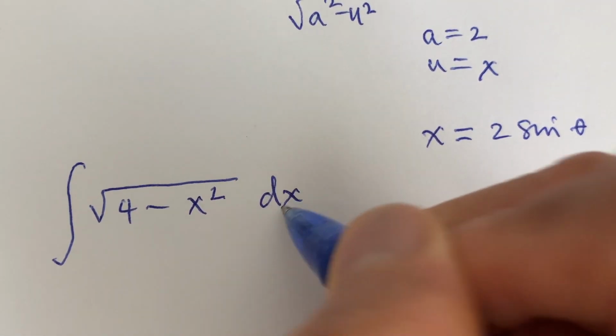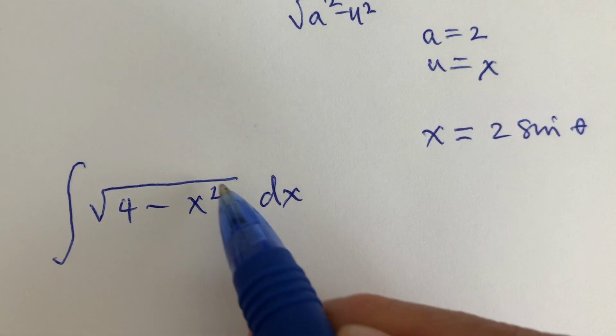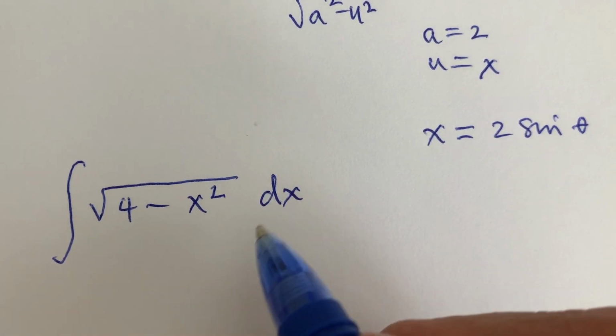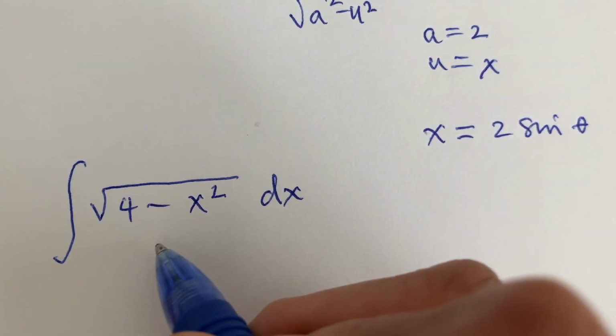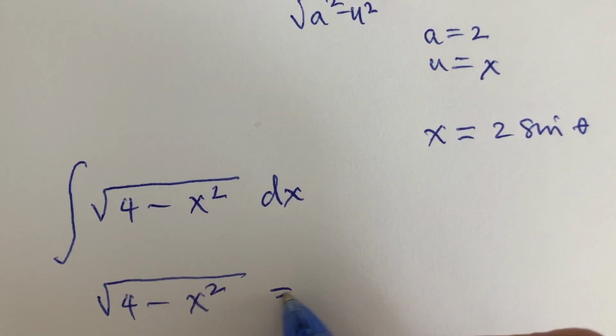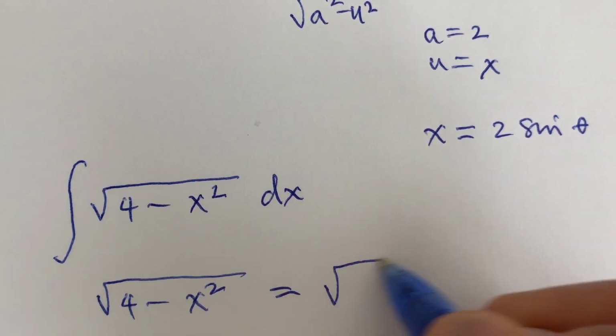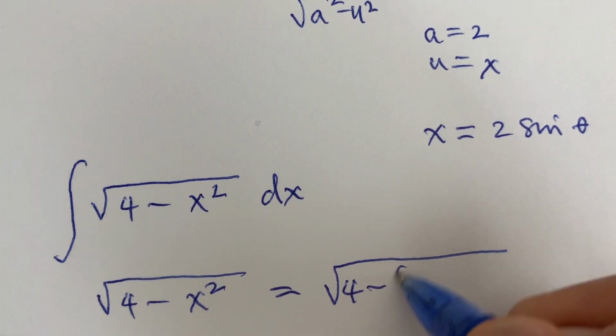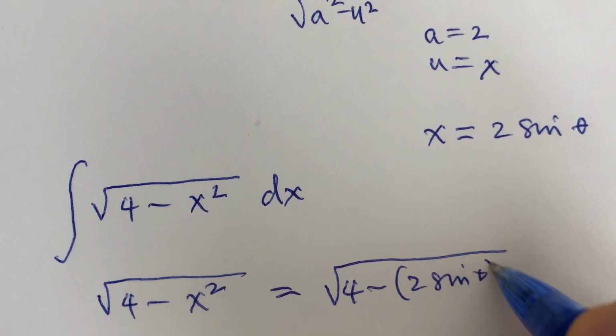So looking back at our original problem here, it's the square root of 4 minus x squared. What is our goal? We will replace this by some trigonometric function without the radical. We're going to replace that 4 minus x squared using this substitution right here. If x is 2 sine theta, then I'm going to get 2 sine theta squared.